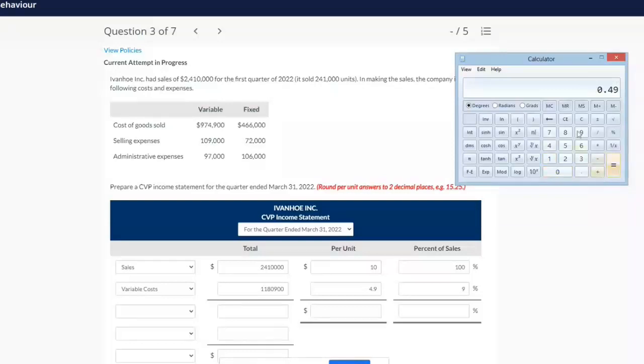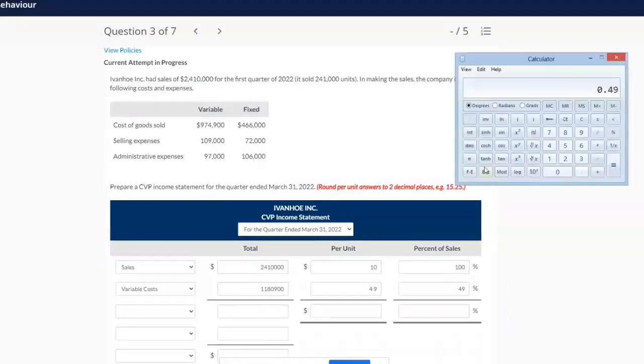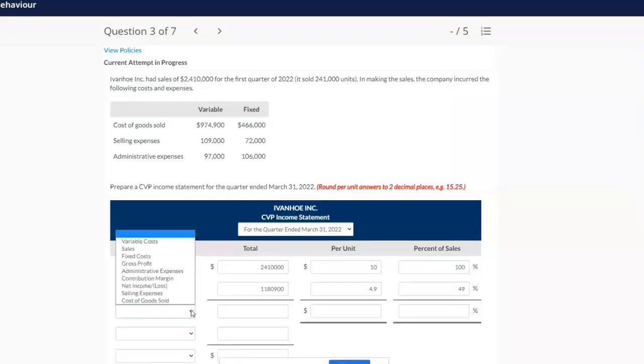Now take the unit, 4.9 divided by 10, and you get the same thing, 49%. You can do it both ways, the per unit or the total variable divided by total sales, and you'll get the same all the time. And the contribution margin is simply you subtract.